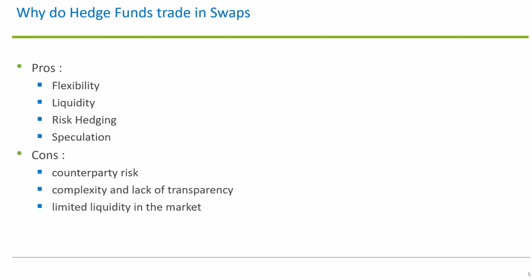Secondly, liquidity. So trading in swap offers the hedge funds to gain synthetic exposure to the equity without actually having to go long on the equity. So when you trade in a stock, trade in equity, you have to buy the stock outright. You have to do an outright purchase. But when you are trading in an equity swap, you enjoy the exposure, but at the same time, you do not have to pay for the stock right away. Okay, so that's how you enjoy better liquidity if you trade in a swap.